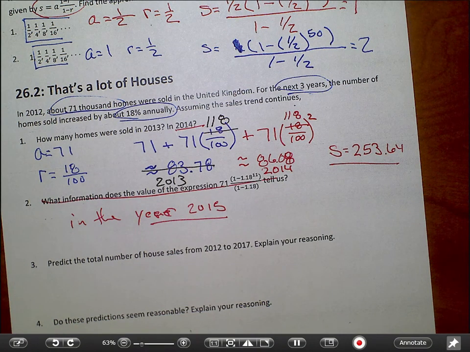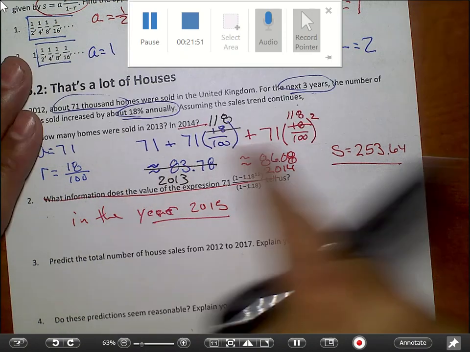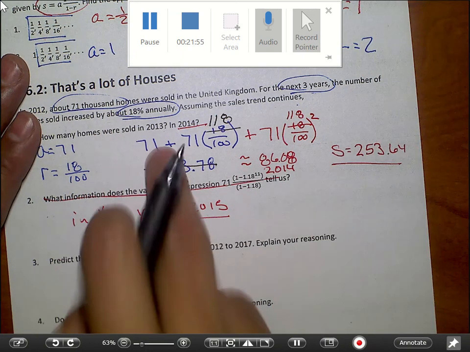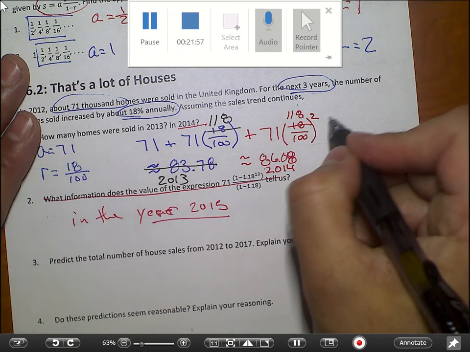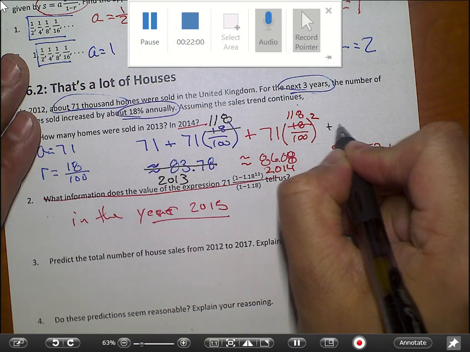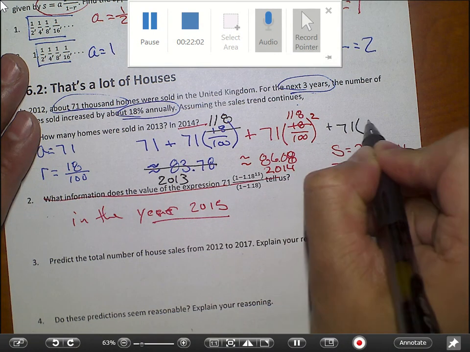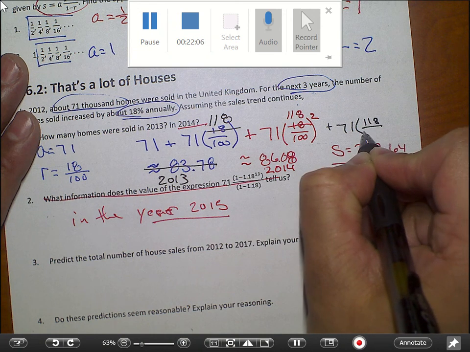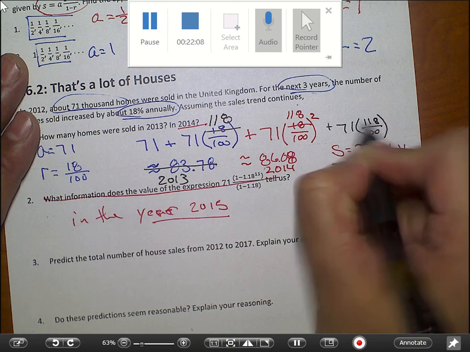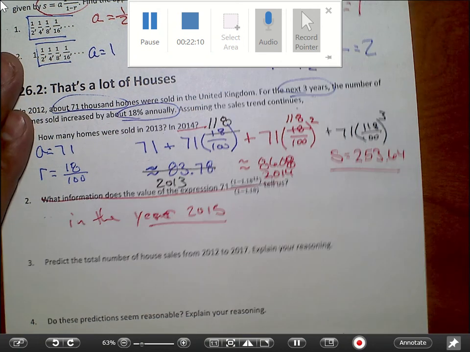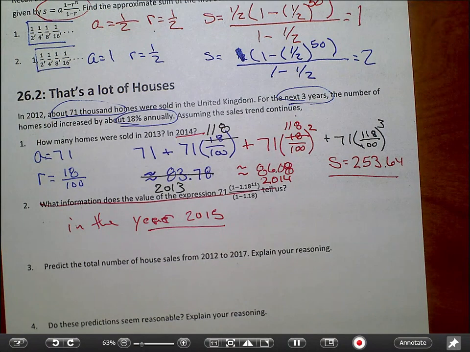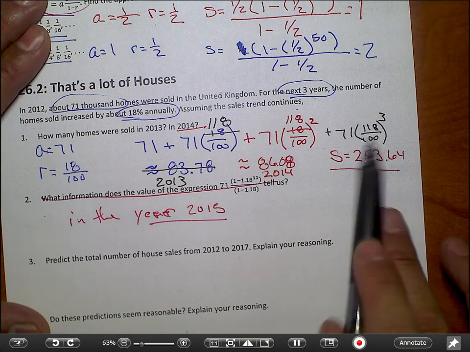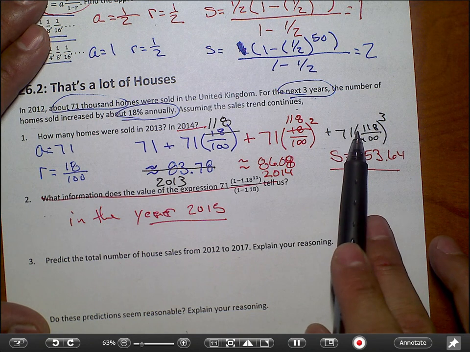I could do all of these, which would add. So this is 14, and then this one would be 15, 71, and it would be 118 over 100, and this is cubed, right? It would be this piece right here, which ought to add.